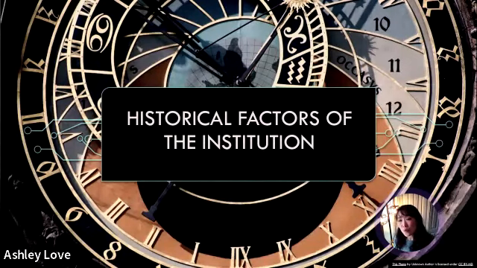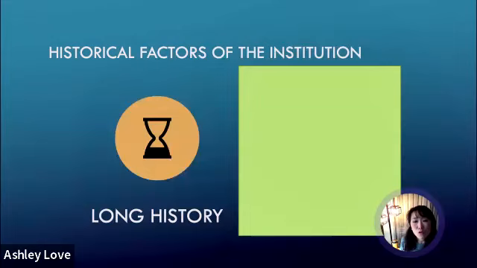For those of you who are not familiar with it, the historical factors of an institution are going to matter. UIW, for instance, was founded in, I believe, 1881, right? So we have a long history, and a lot of different universities do. Some of them may have short histories as well. Institutions that have been around for a long time have developed more complex organizational structures, and they also have a lot of connections in the community.